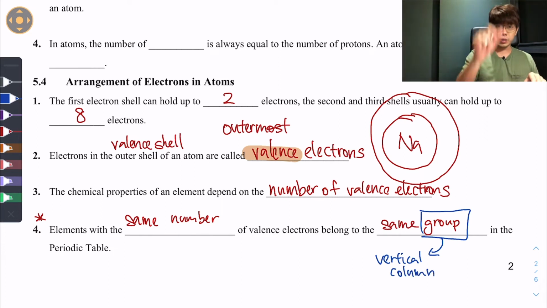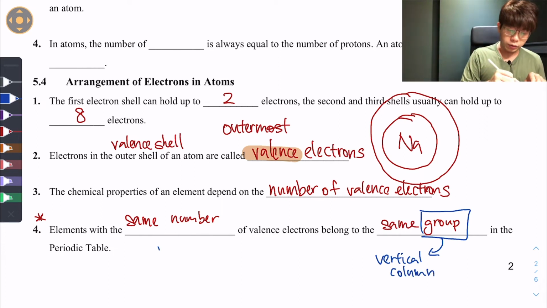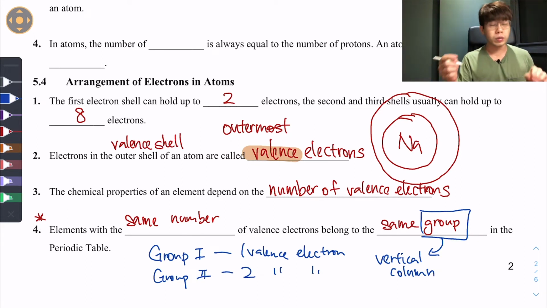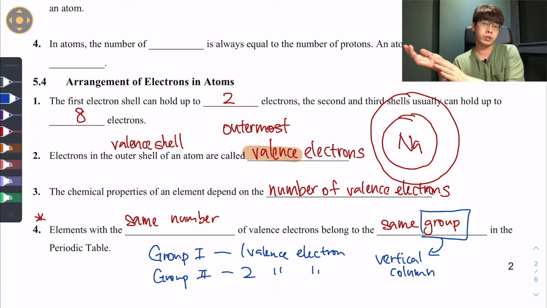Right, so these are groups. So just for reference, group 1 has 1 valence electron, while group 2 has 2 valence electrons, and so on. Group 3 has 3, group 4 has 4, group 5 has 5, group 6 has 6, group 7 has 7.